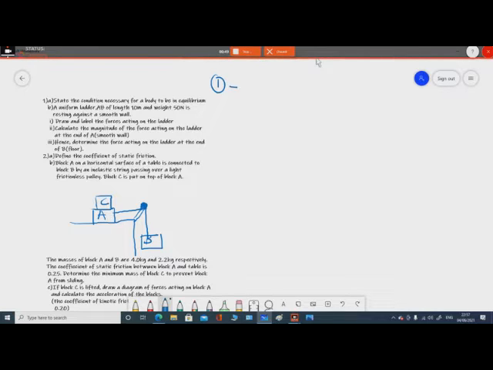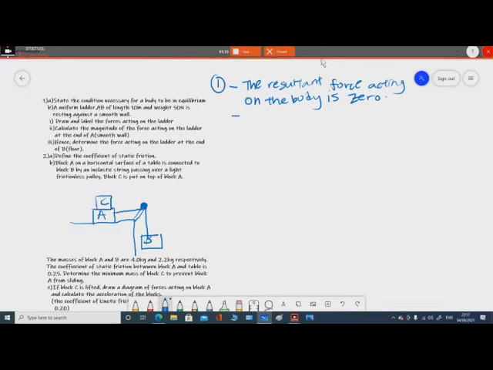If there is no translational motion, it means that the resultant force acting on the body is actually zero.